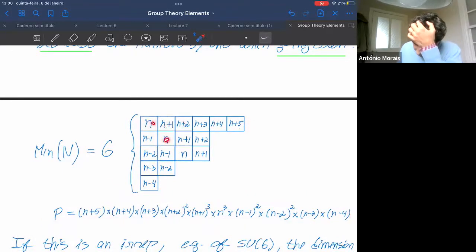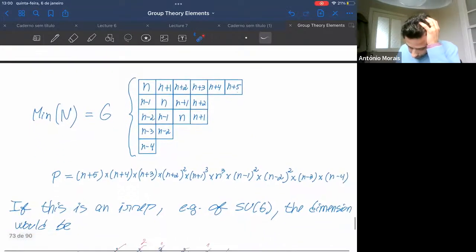So you see, you have n to the power of 3, which is here. We have (n minus 2) to the power of 2, n minus 2, n minus 2, n minus 1, n minus 1, n cubed, (n plus 1) cubed, n plus 1, somewhere here n plus 1 plus 1, and so on. So this is just a matter of counting.